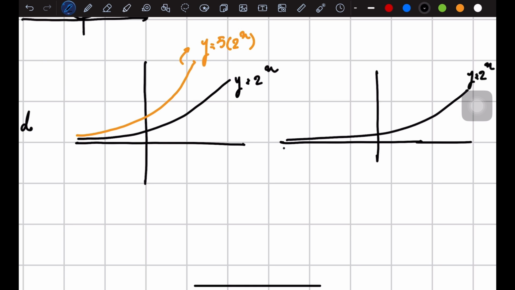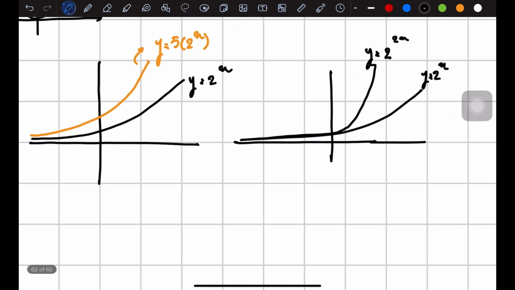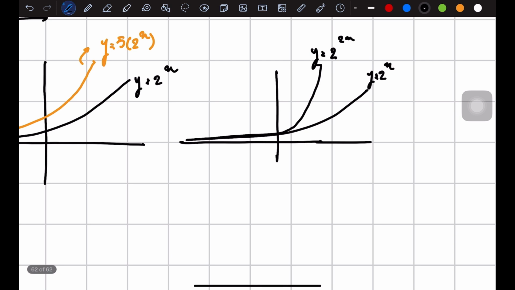Since it's not going to have much difference at first, but after that there's going to be a significant difference between them. So this one is 2 with the power of 2x instead of x.